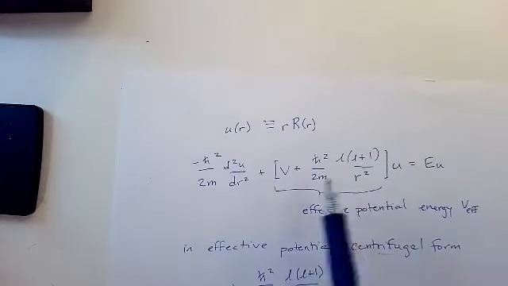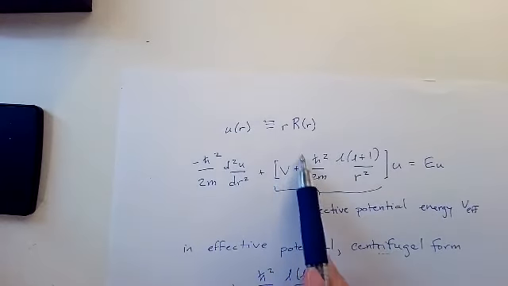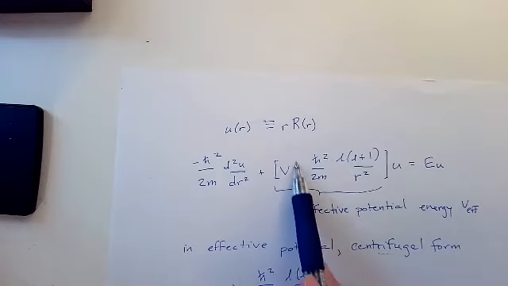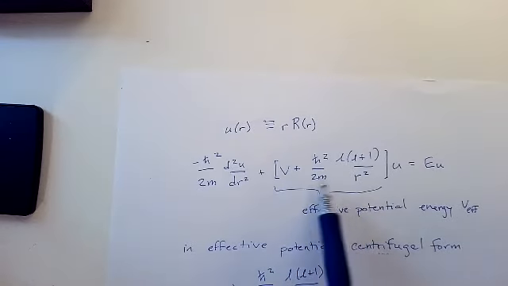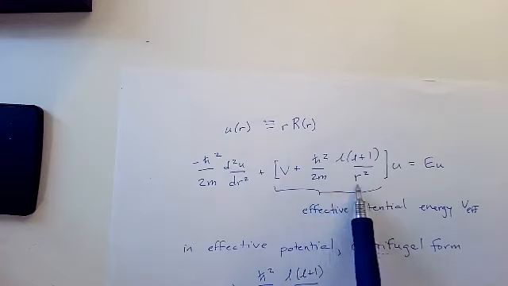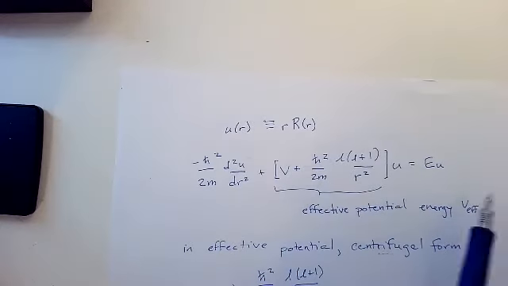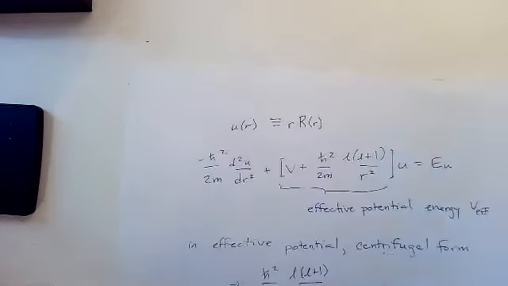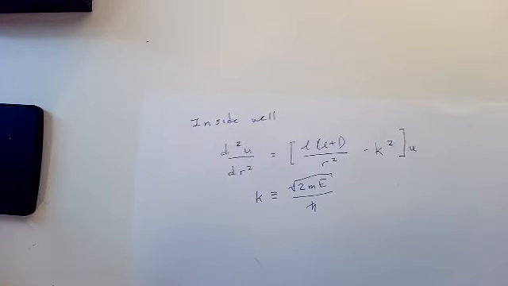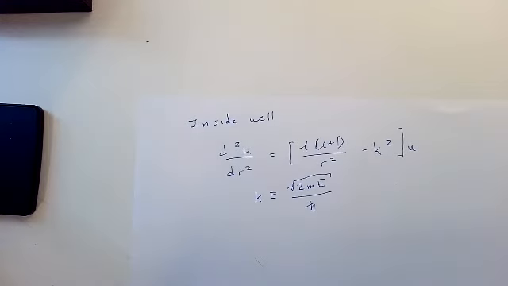So what we've done there is we've taken this equation. Inside the well, this potential energy is just 0, so we have the centrifugal form for the effective potential energy. We've multiplied some things over and moved them around so that we have this differential equation.